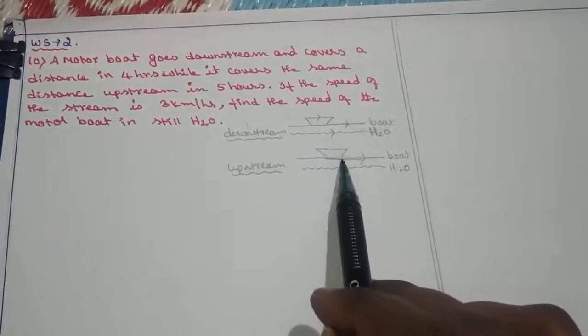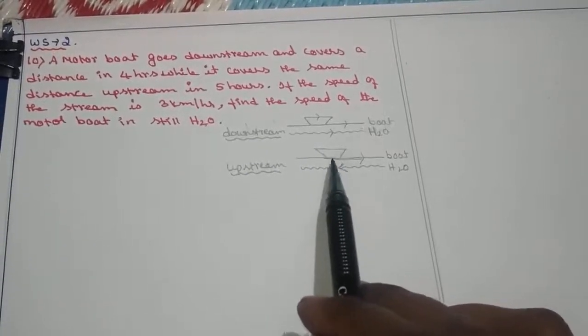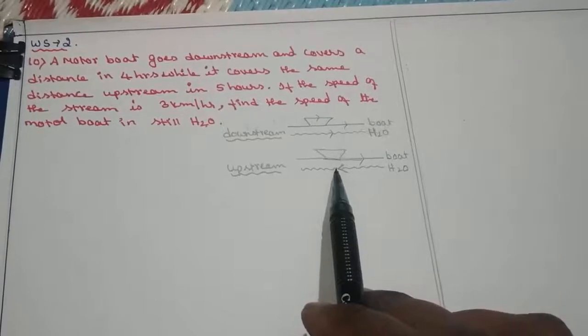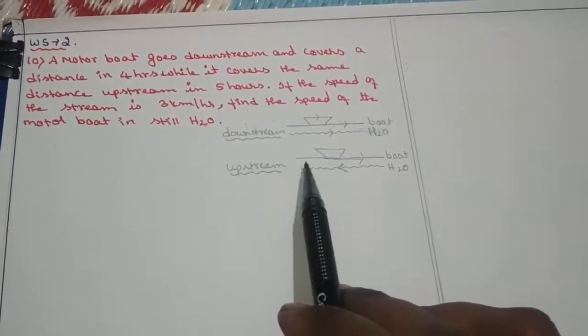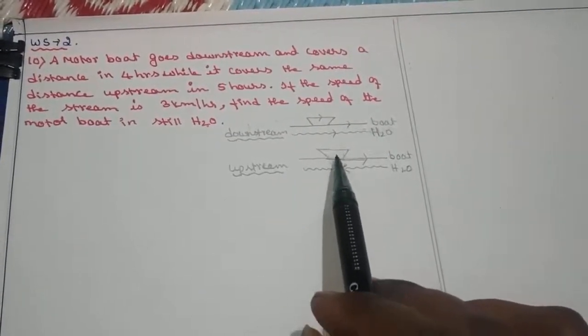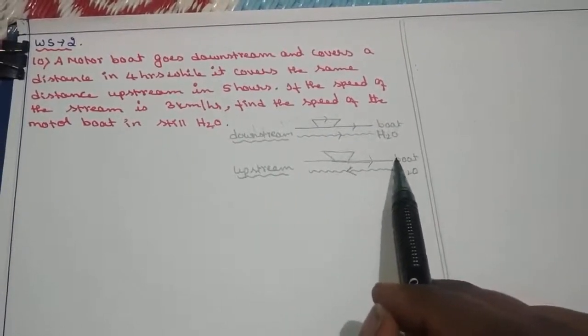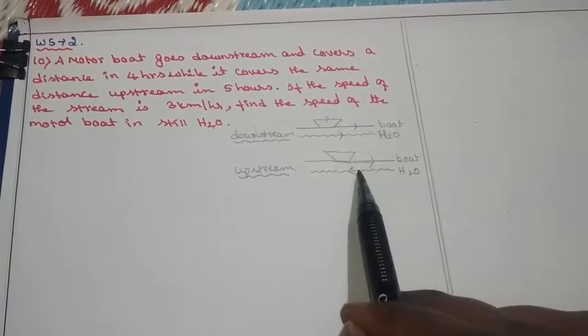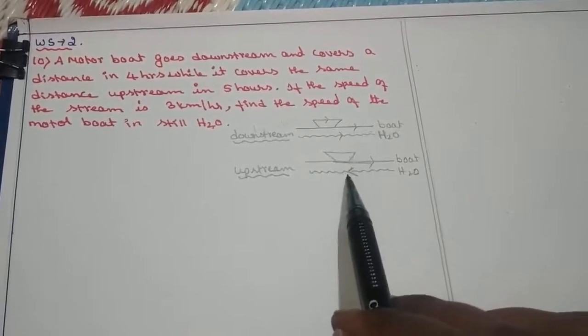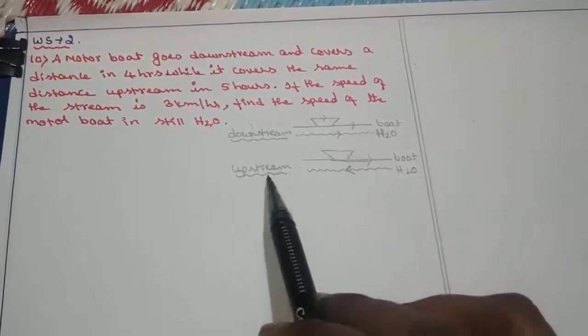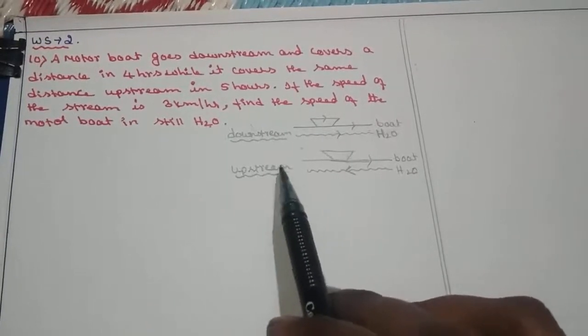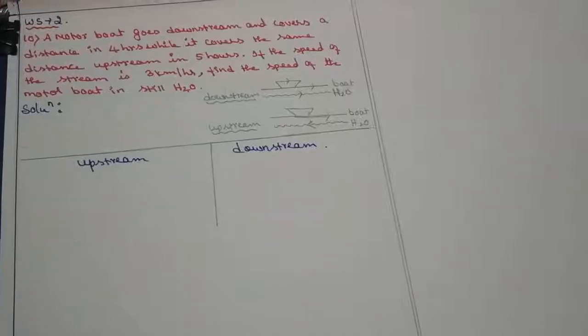Then when a motorboat travels against the current, it travels upstream. In that case, we are going to subtract the speeds. So here the boat is flowing in one direction and the flowing of water is opposite to the flowing of the boat. Therefore, this is the case of upstream. We are going to subtract the speeds.